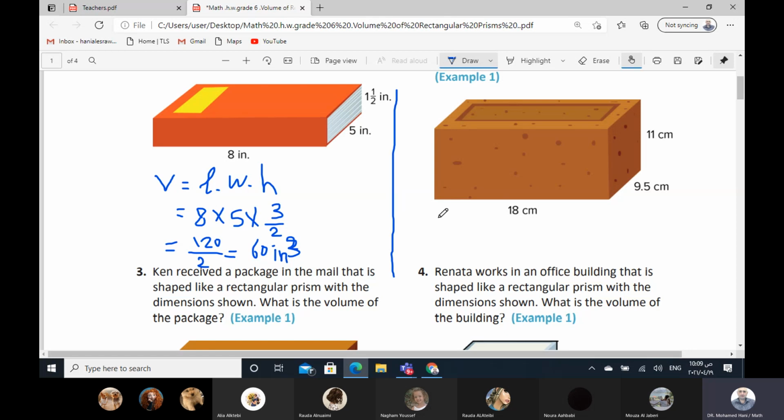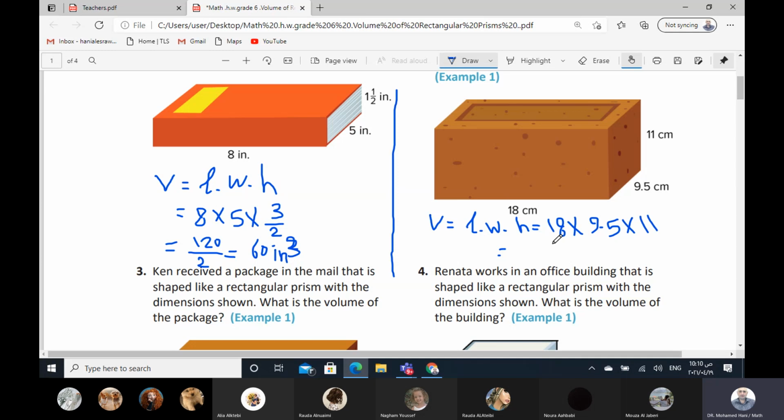So we want to find the volume. Start from the formula. V equal L times W times H. Length will be 18 times width will be 9.5 times 11.